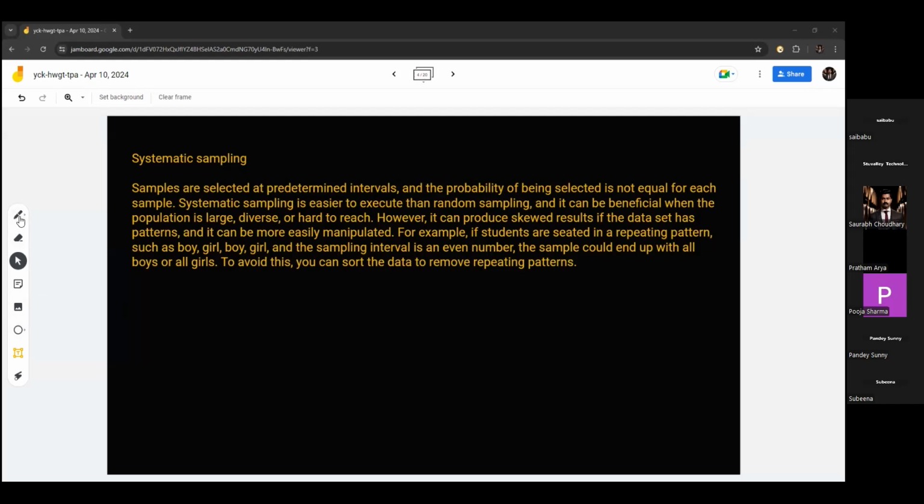Here, the probabilities vary a little bit. The probability varies for each sample, and we can see we have intervals also.